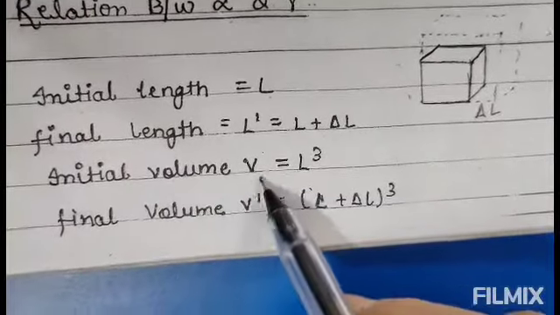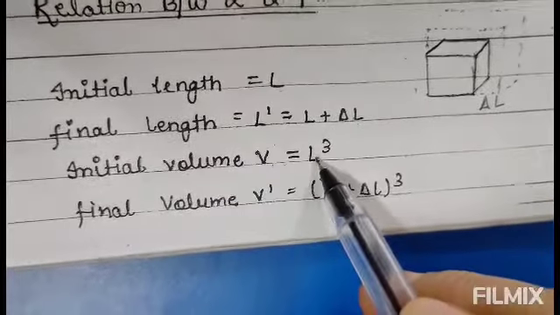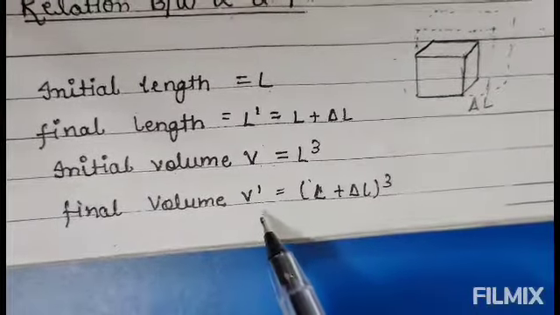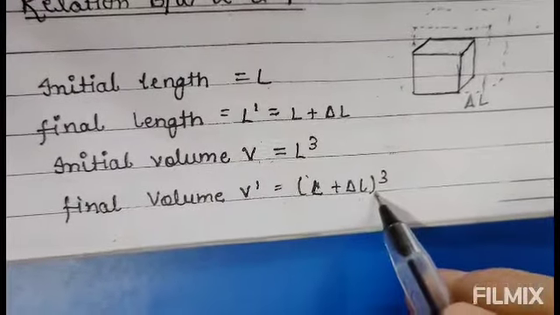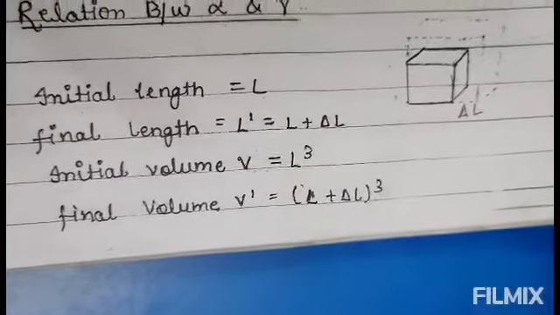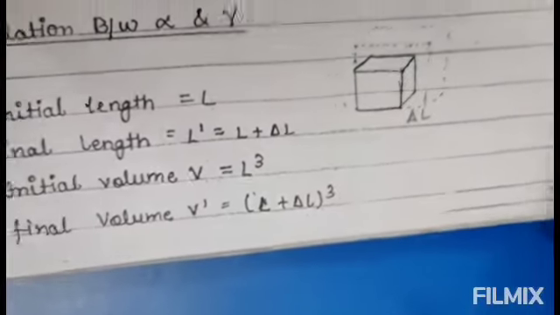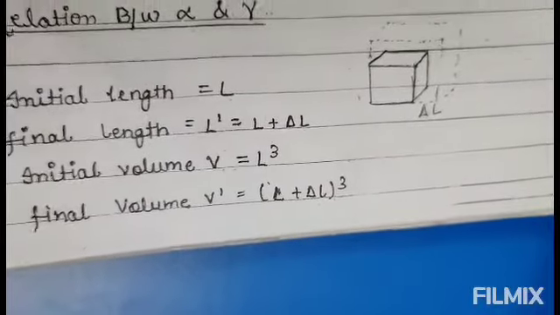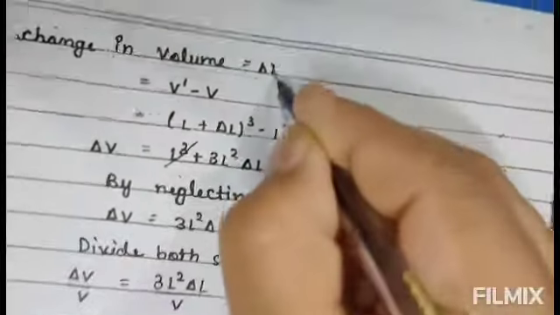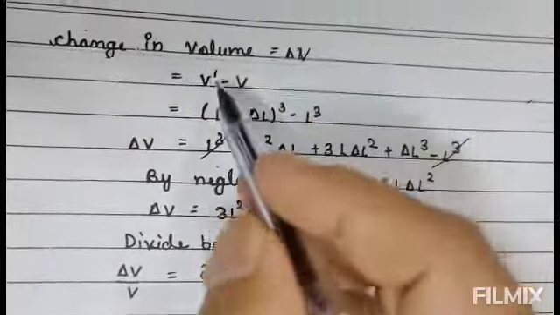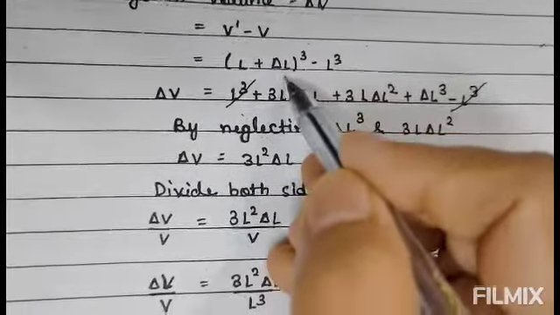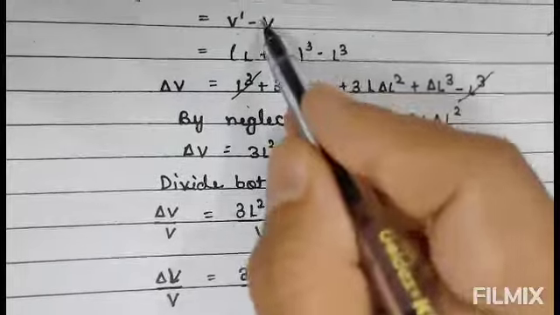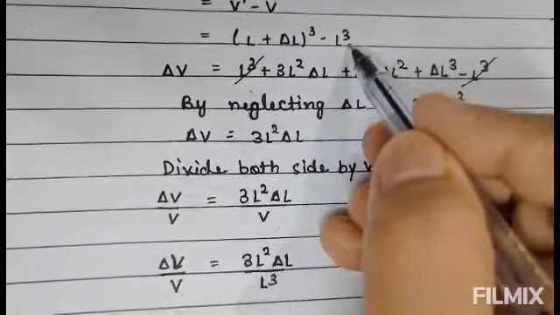The initial volume is V, which is equal to L cube, and the final volume is V dash, which is equal to L plus del L the whole cube. Now the change in volume, del V, is equal to V dash minus V. V dash is L plus del L cube, and minus V, which is L cube.